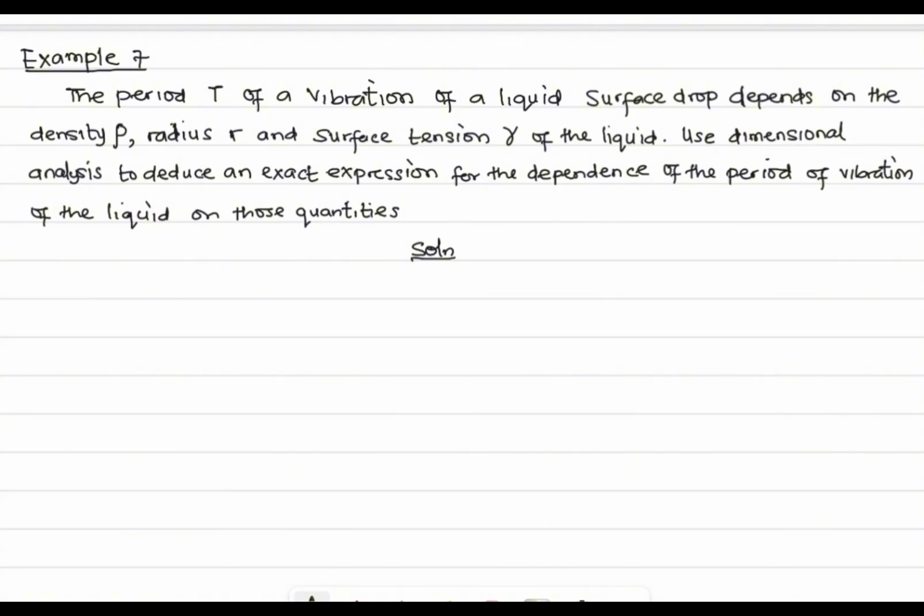Example 7. The period T of a vibration of a liquid surface drop depends on density, radius, and surface tension. So we write that T, which represents period, depends on the density first, raised to power x, radius raised to power y, and then surface tension raised to power z.